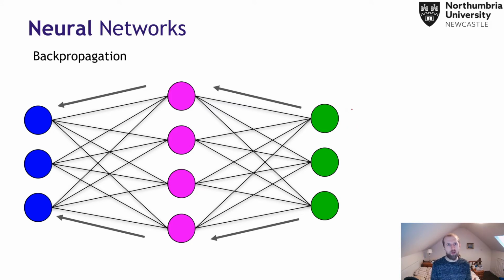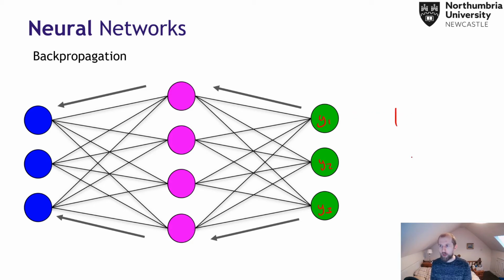So for this network, we've got 3 classes. So this is y1, y2, and y3. And let's say we've just got one input vector that we care about, and it's of class 1.